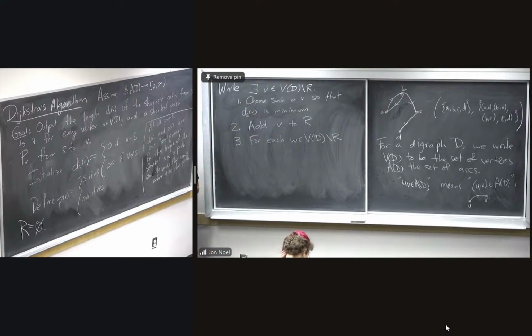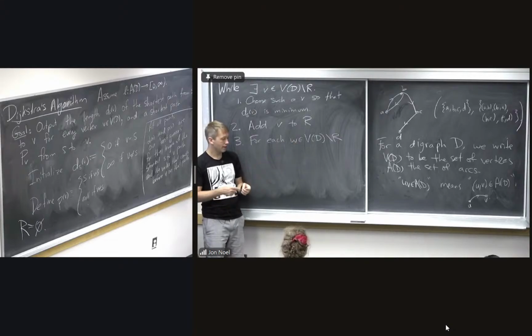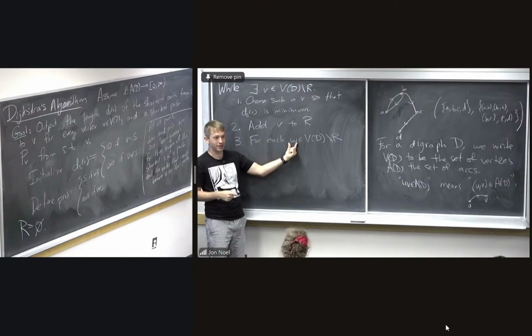Remember ds of W is my best guess so far for the shortest path to W. If I can find a shorter path that goes through V, I want to exploit that. I'm going to decrease my best guess for the shortest path to that vertex, and then the parent of W, the thing that precedes W on the shortest path, should be V now, instead of whatever it was before.